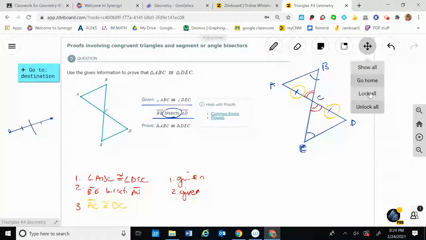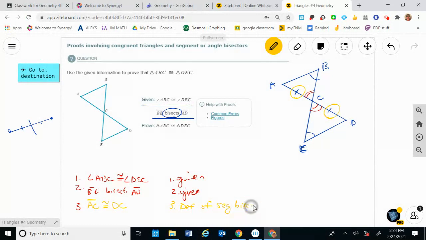And the reason is definition of segment bisector. Basically, you're only using the word. You take this word bisects, and it's feeding that definition.